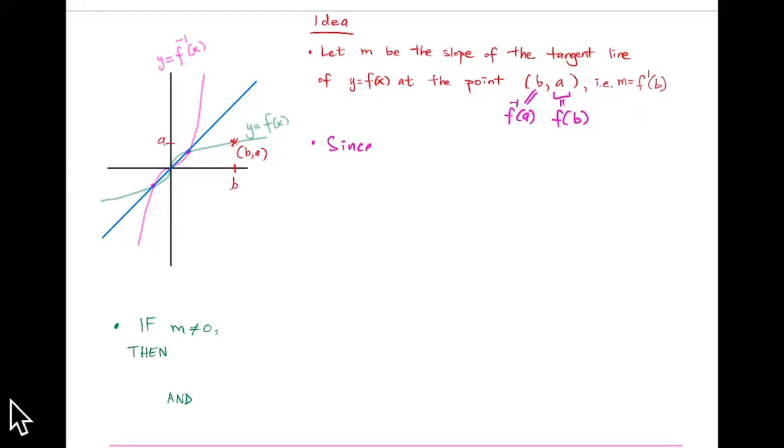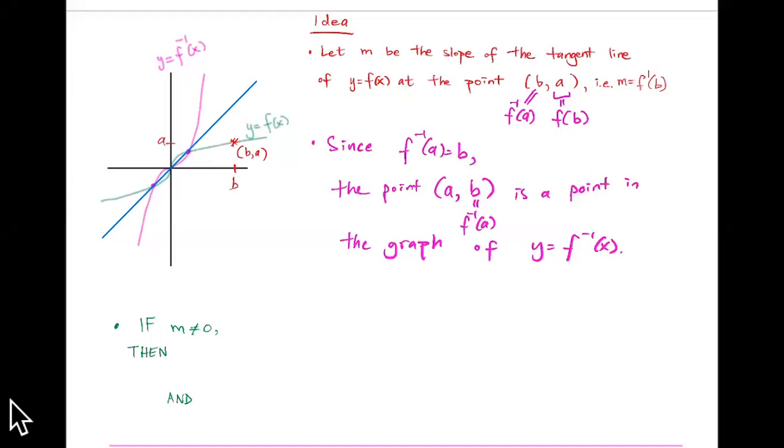Now, since f inverse of a is equal to b, the point a comma b is a point in this graph. Looking at this picture, let's draw this tangent line.